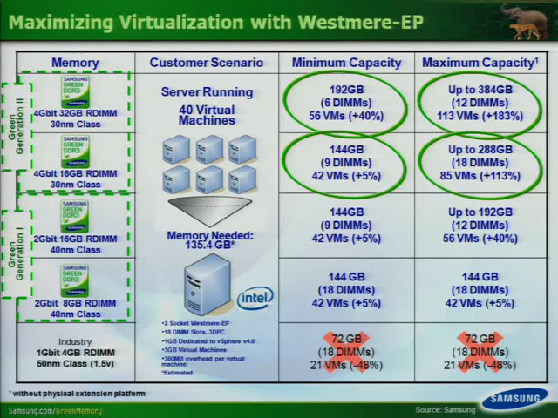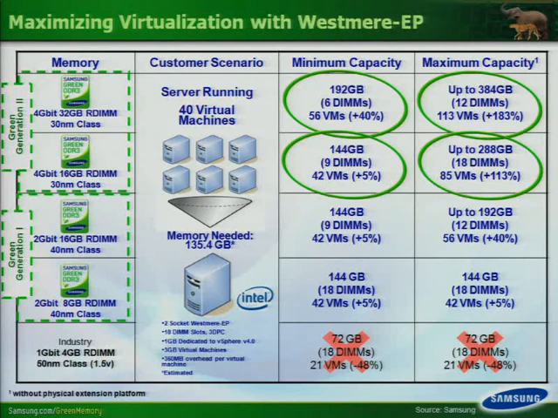But if you take a closer look at the technology you're using, such as a 16 gigabyte or even 32 gigabyte using some of our more recent solutions, you can go as high as 384 gigabytes of density, translating into 113 virtual machines.